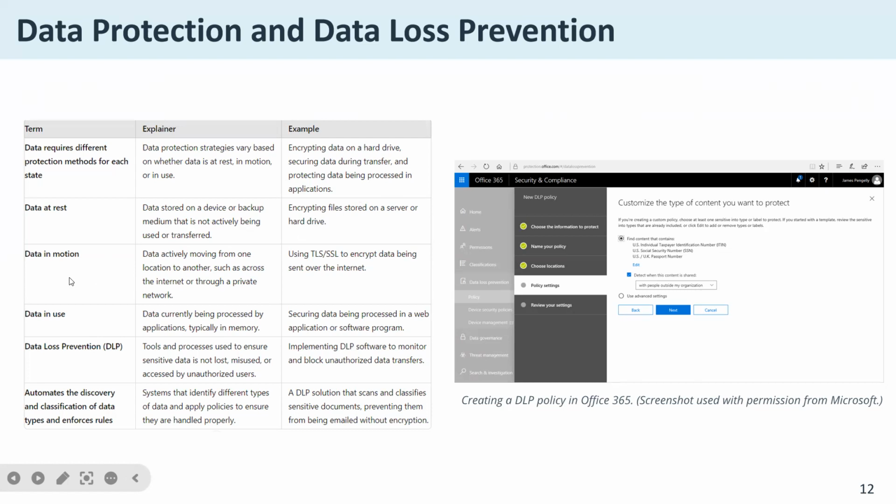Then you have data in motion, data you're actually moving from one system to the other, from one point to the other, one drive to the other, or through a private network. Then you have data in use, when you're actually maybe editing something, working on something, and typically it's in memory. Then for data loss prevention, we can use tools or processes to ensure that we don't lose data, right? We can use software, and some software will have a way to be able to do that. Office 365 has that capacity.